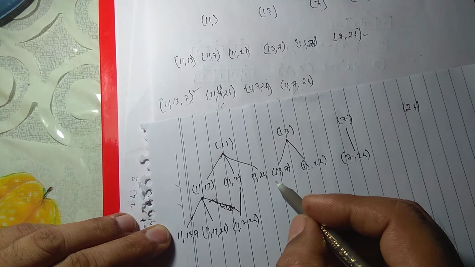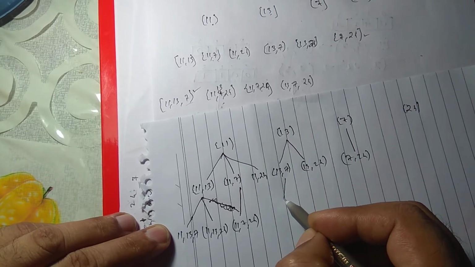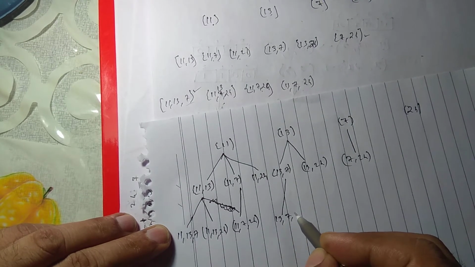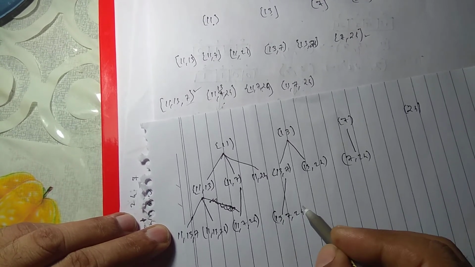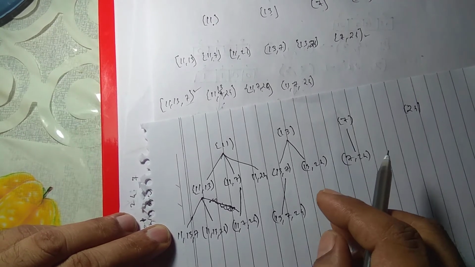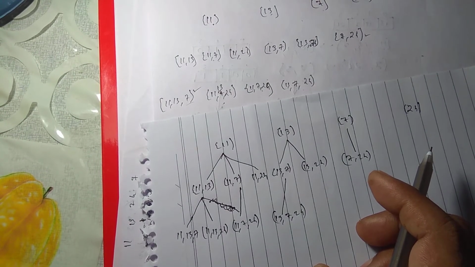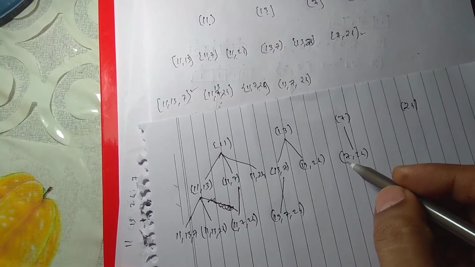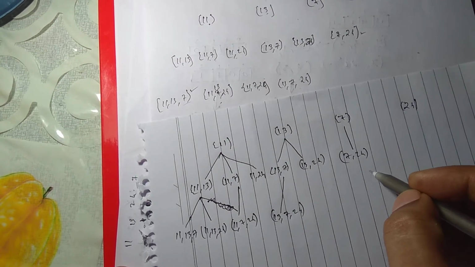Then with 13, 7, you have formed 13, 7, 24. And with 13, 24, nothing you have formed. Then here there is no 3 element subset here also.